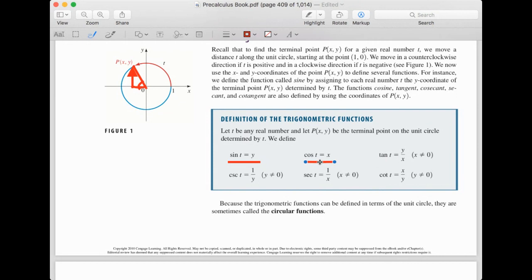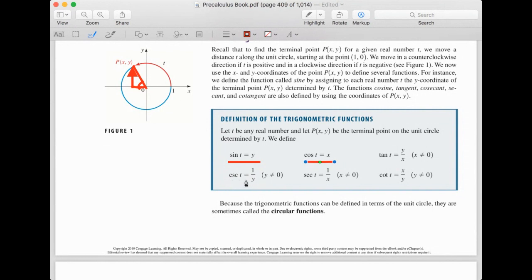Sine equals the opposite side of the angle t divided by the hypotenuse. Cosine t equals the adjacent side of t over the hypotenuse. Tangent equals the opposite side of t over the adjacent side of t, or sine over cosine.